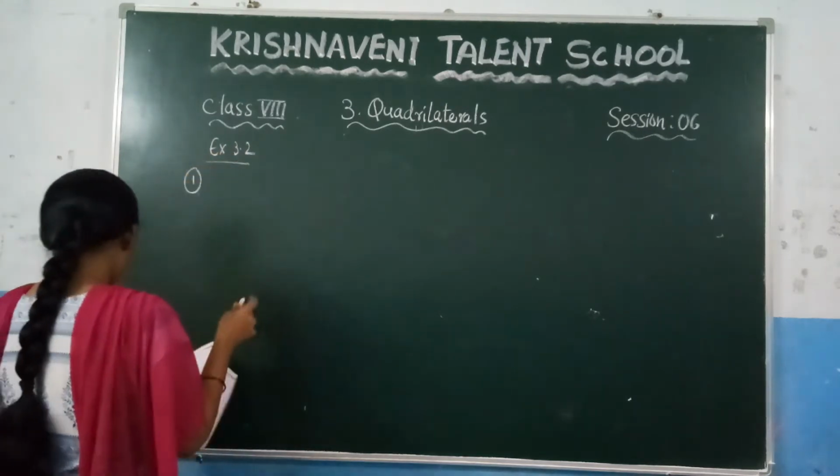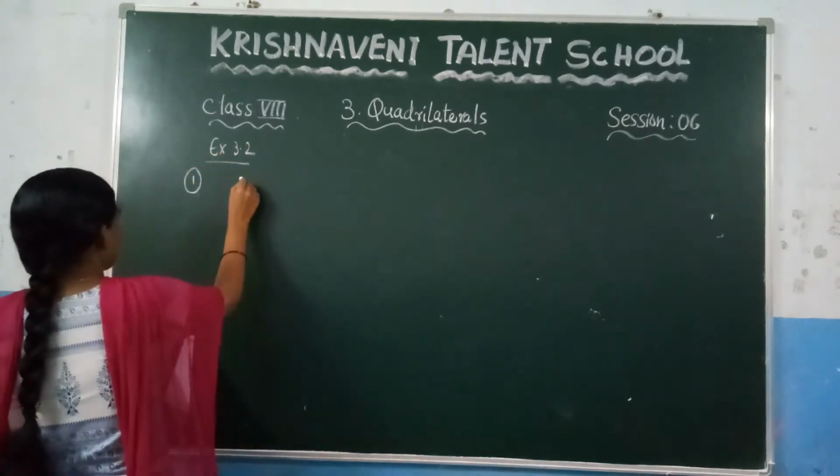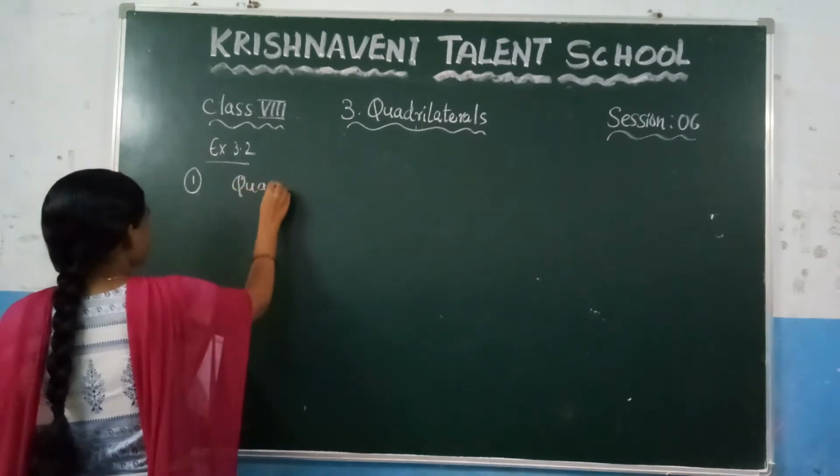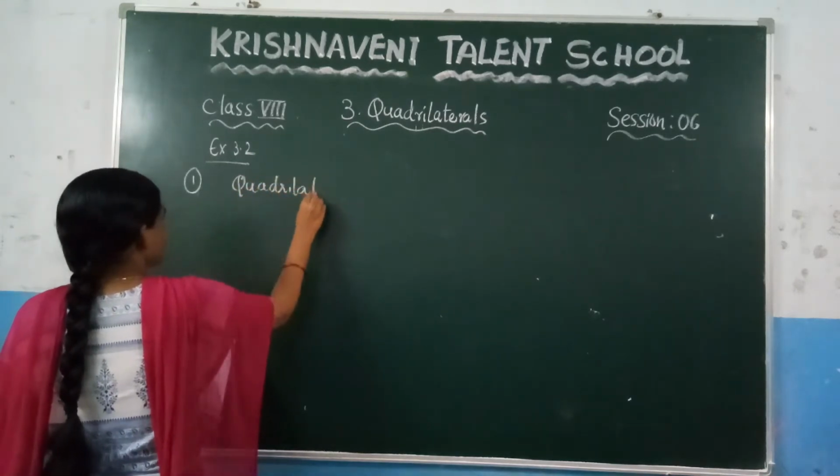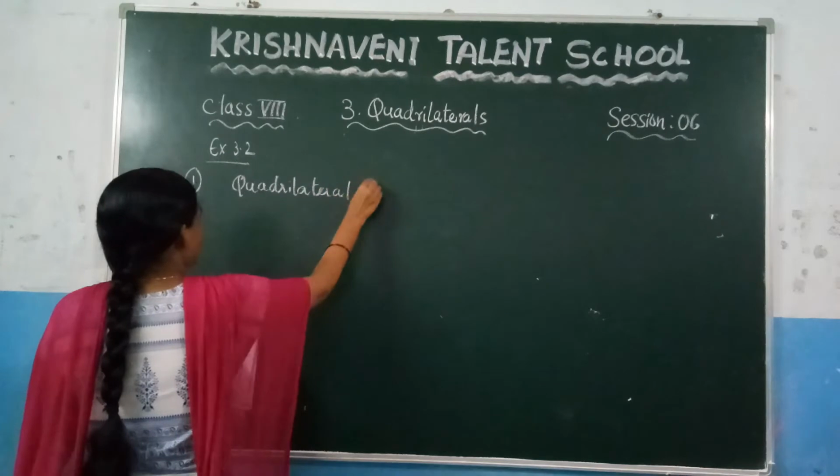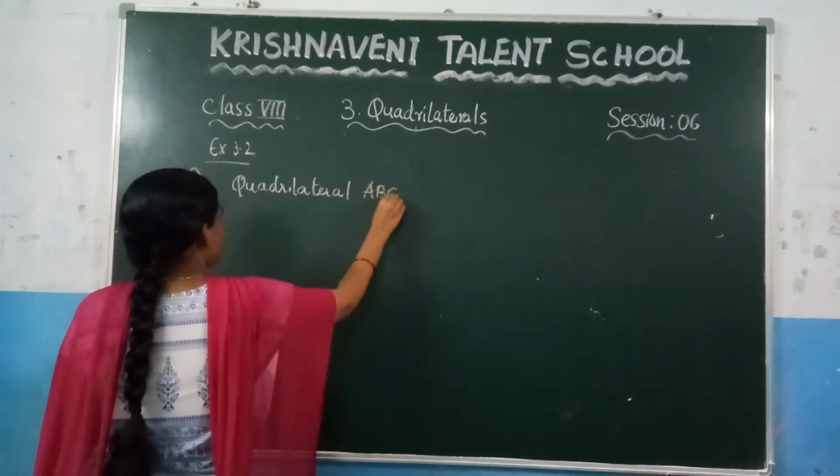So here, in exercise 3.2, what is the first question given here? You need to construct the quadrilateral. Which quadrilateral? ABCD.